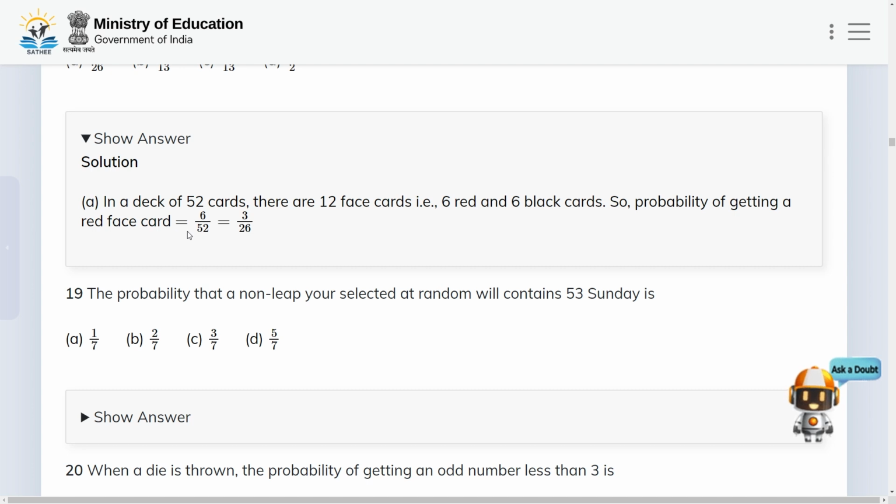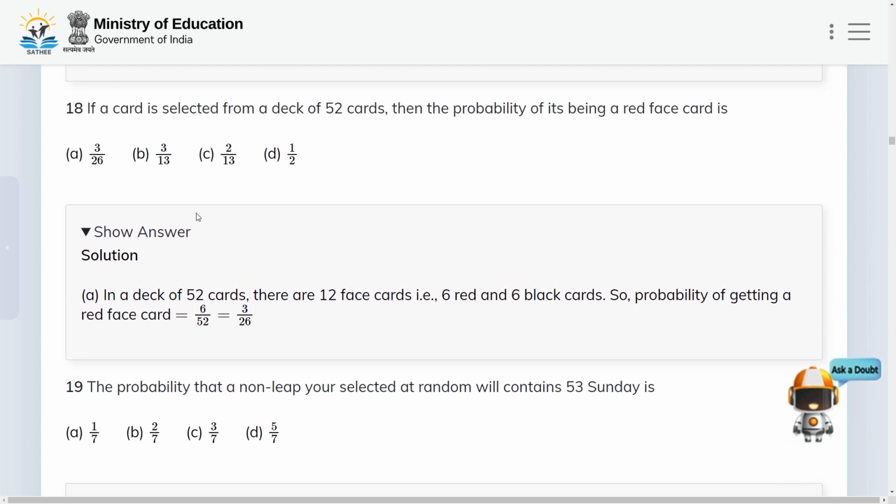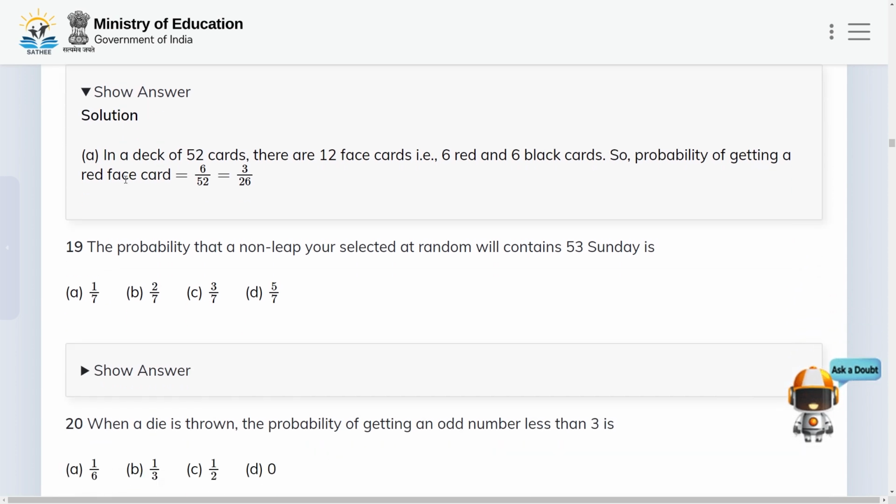So probability of getting a red face card is equal to 6 by 52, that is equal to 3 by 26. So therefore the probability of getting a red face card is equal to 3 by 26, and here the correct answer is option number A. Now let us move to next problem.